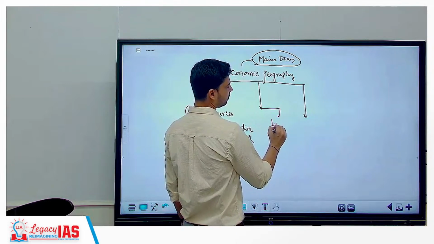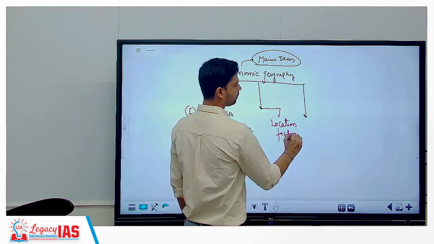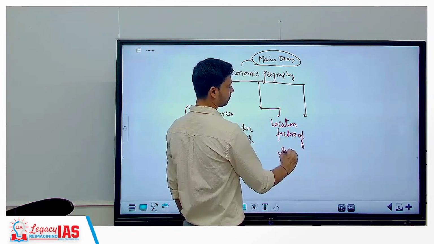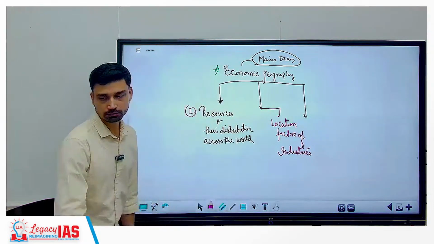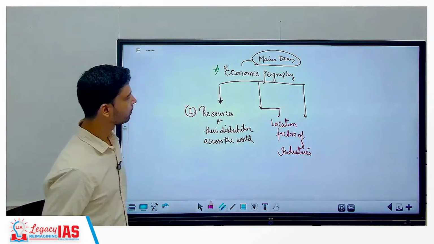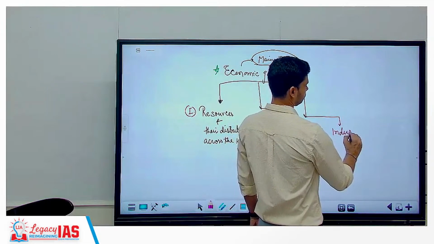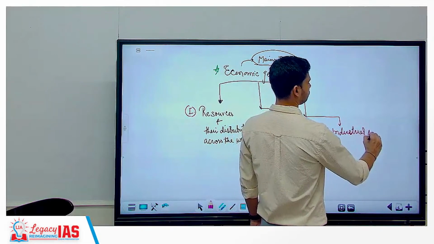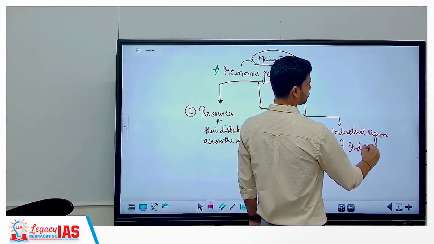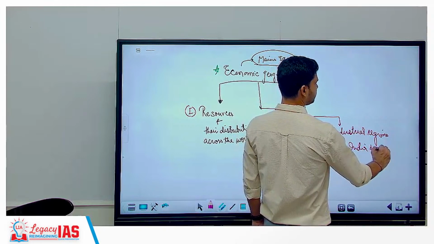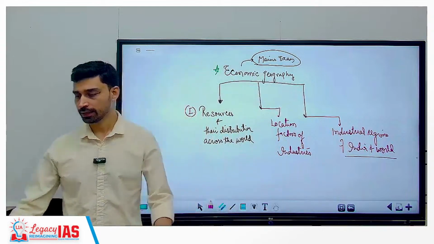Second is location factors of industries. And third is industrial regions of India and the world.